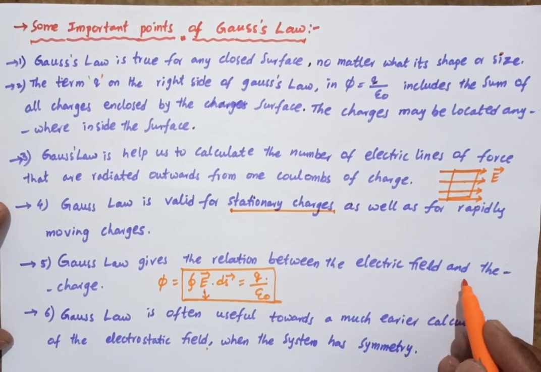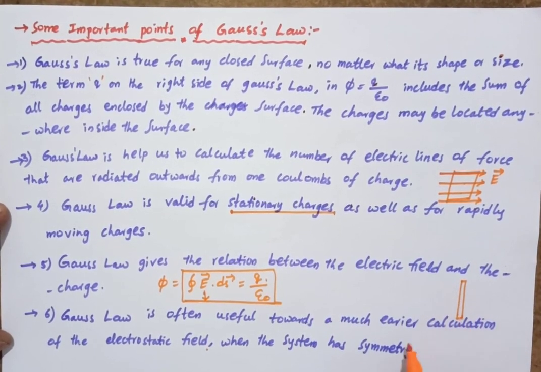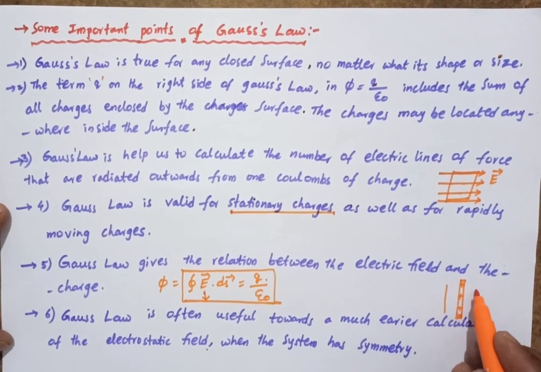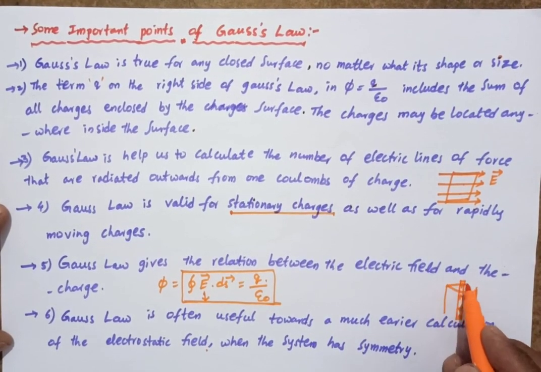For example, we consider a long thin wire, a thin conductor, with positive charge. Then we consider the symmetry, where the Gaussian surface is a cylinder.